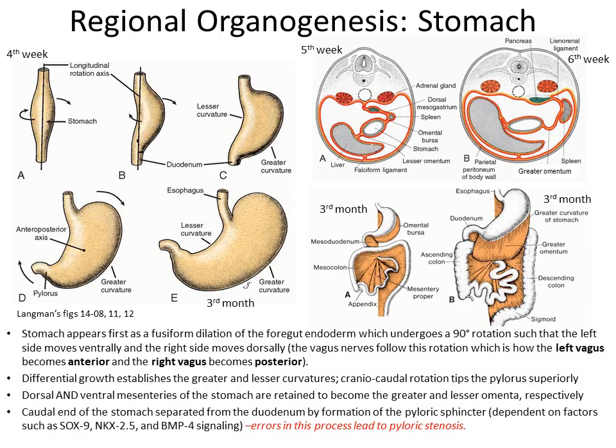Differential growth establishes the greater and lesser curvature, and the craniocaudal portion tips the pylorus superiorly. The dorsal and ventral mesenteries of the stomach are retained to become the greater and lesser omentum respectively, and the caudal end of the stomach separates from the duodenum by formation of the pyloric sphincter.